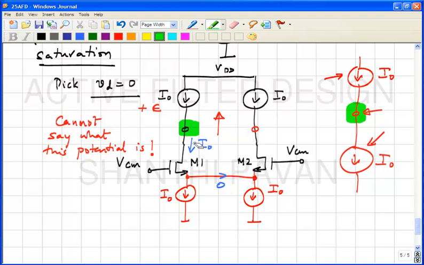Now, if I had to describe the same thing in terms of the complete circuit, what can I say? If the sum of the two currents on the top is not the same as 2I naught, what do you think will happen?